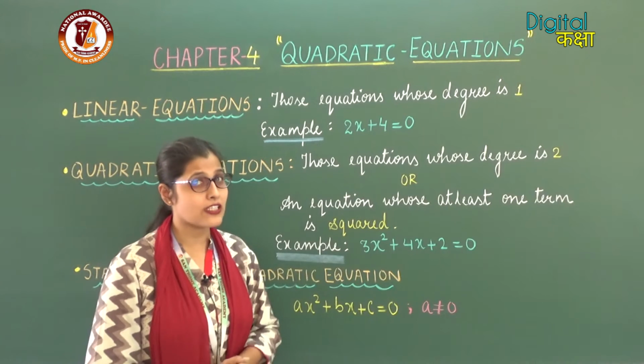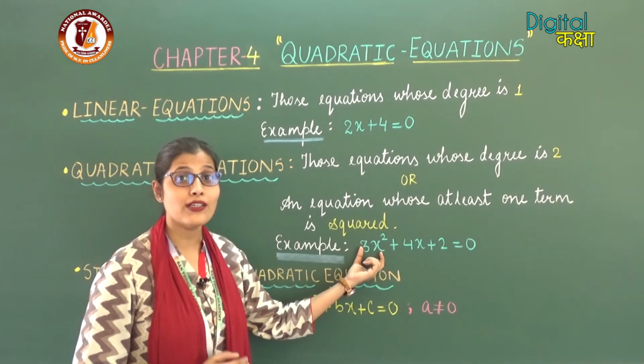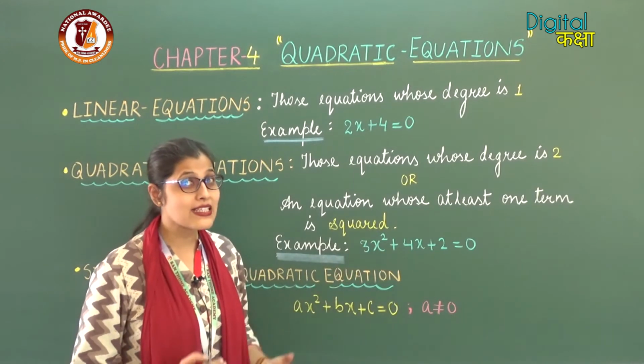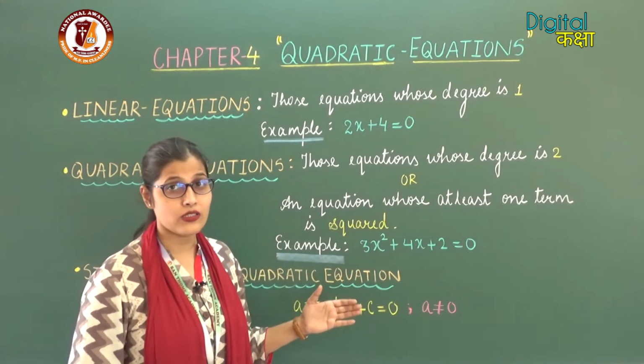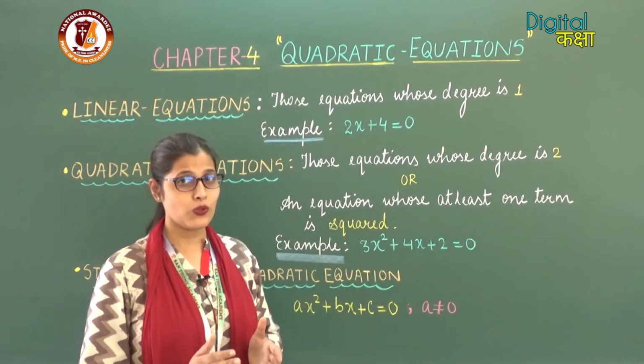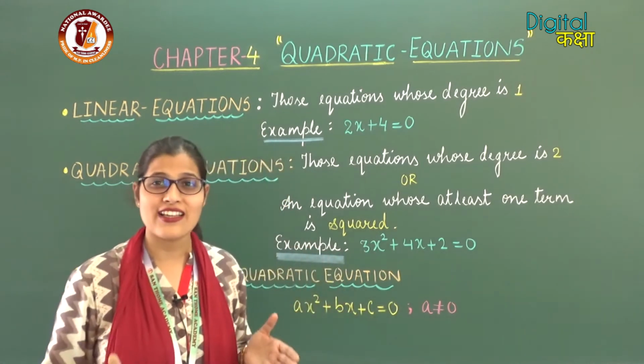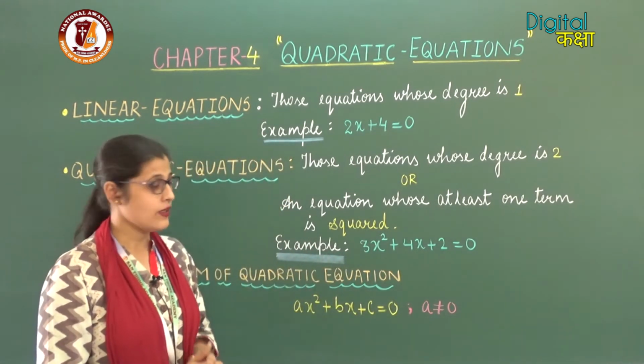Out of these 3 terms, the first term has the power 2. That means the highest power in this equation is 2. So, such an equation will be called a quadratic equation.